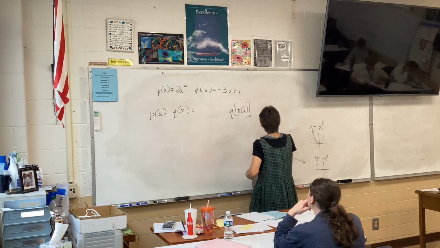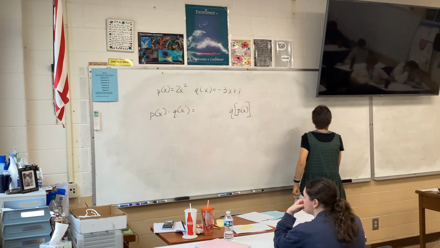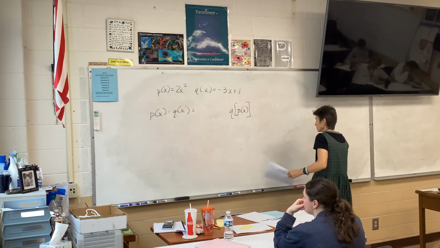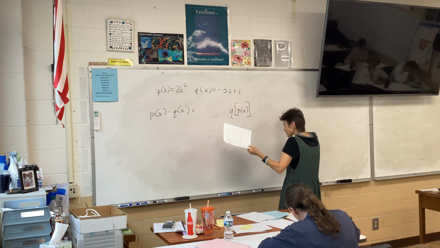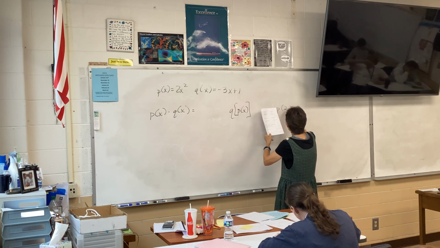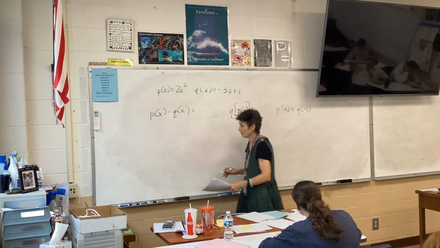Okay, so what is that first one? What am I doing here with this very first problem? Just multiplying them. Just multiplying them. And I love the way you say that. Just multiplying them. Yeah, duh, just multiply them. That's all we have to do. Don't make it hard. We're just multiplying them.